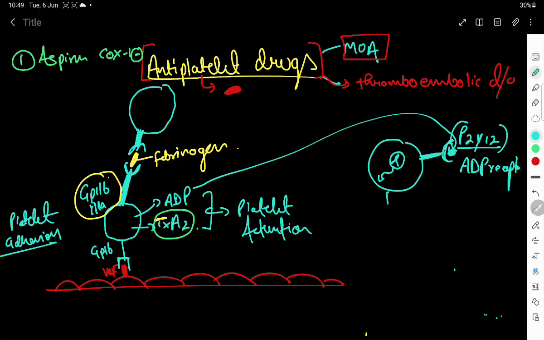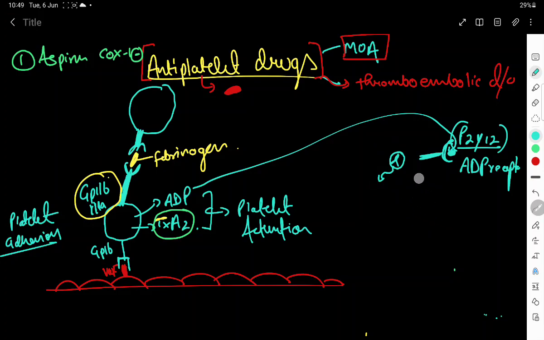These receptors expressed on the surface are GP2B3A, and these molecules help in cross-linking of the platelet, that is platelet aggregation. The second step, platelet activation, is helped by ADP binding to the ADP receptor, also known as the P2Y12 receptor, and this causes the surface expression of GP2B3A.